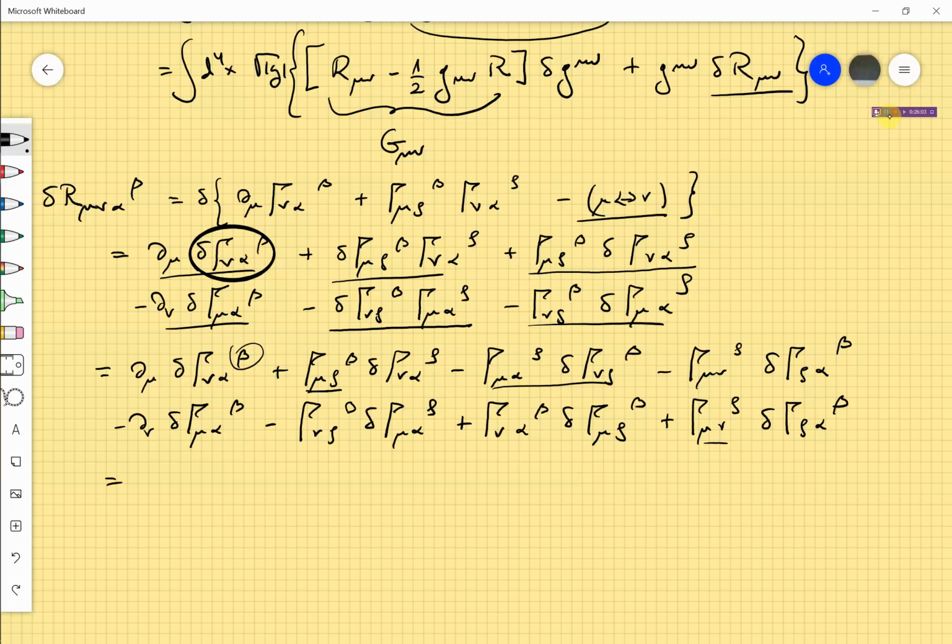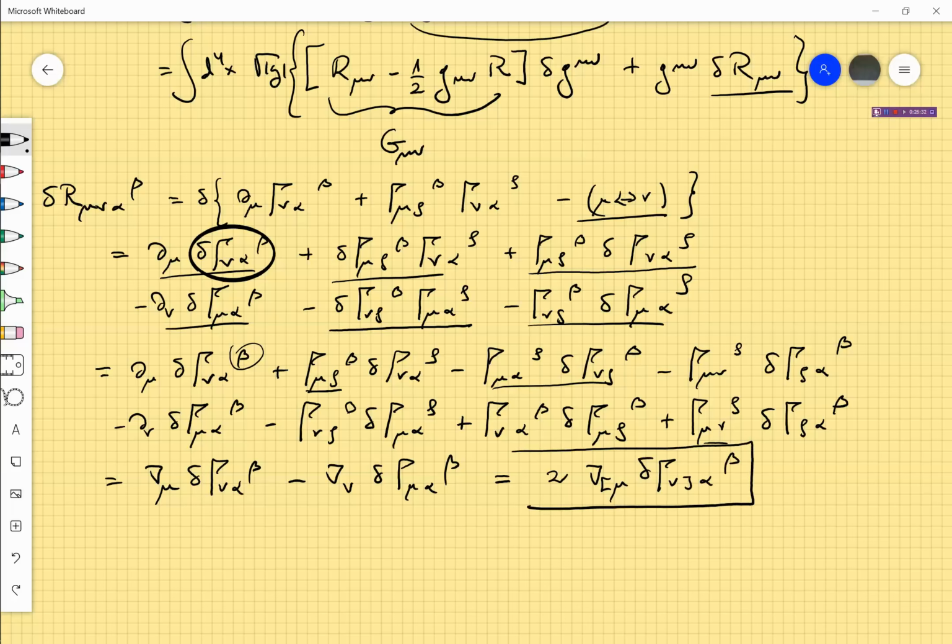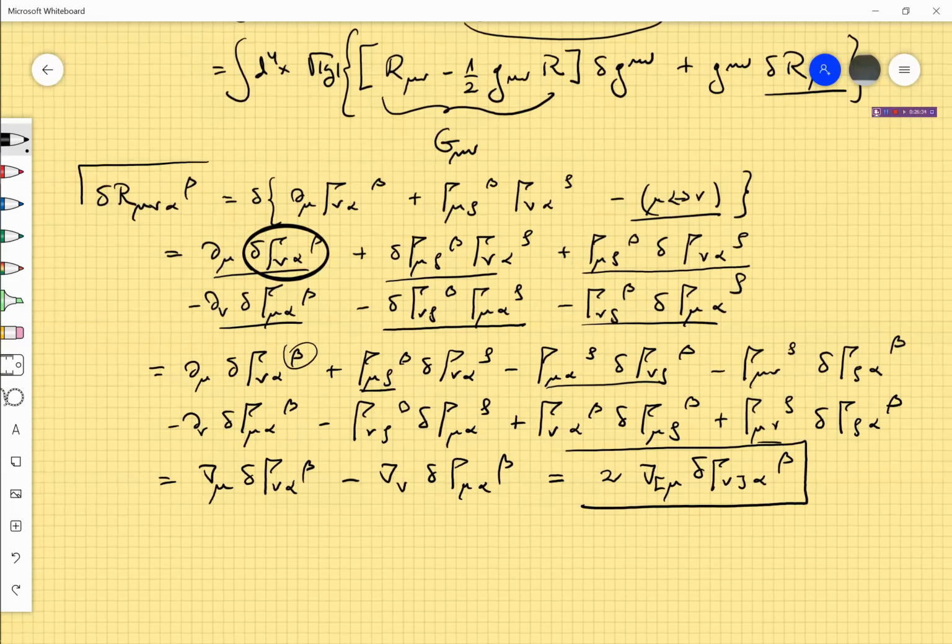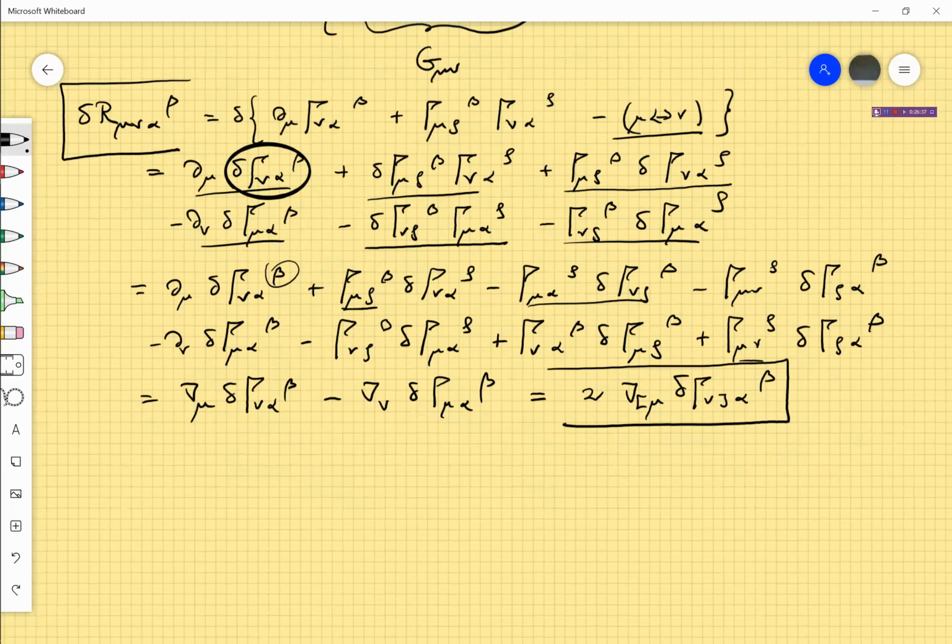In fact, I don't need to check too much, this is just nabla mu of delta gamma nu alpha beta, and the other line gives me nabla nu of delta gamma mu alpha beta, or in a more compact form, 2 times the antisymmetrized covariant derivative. Okay, this is the result, and this is called the Palatini identity.